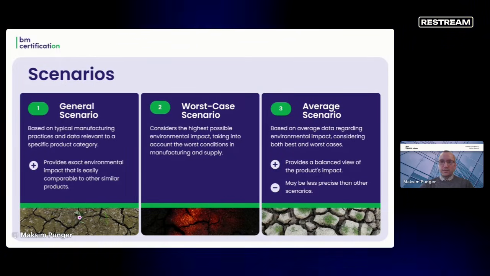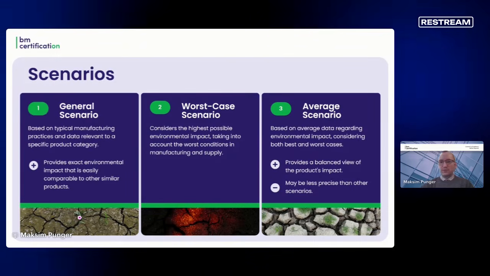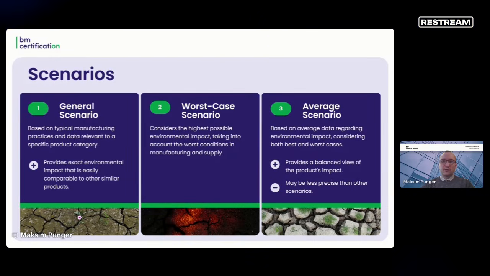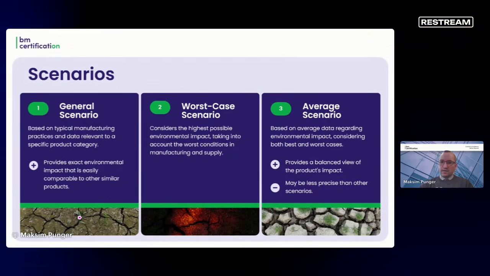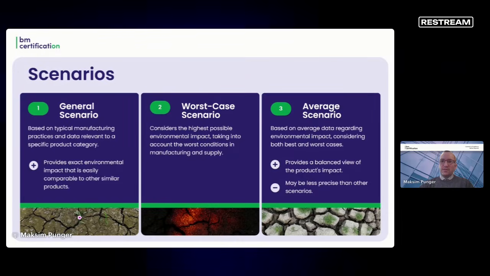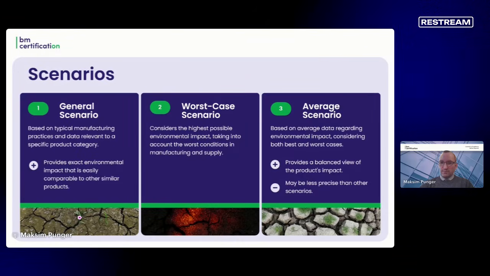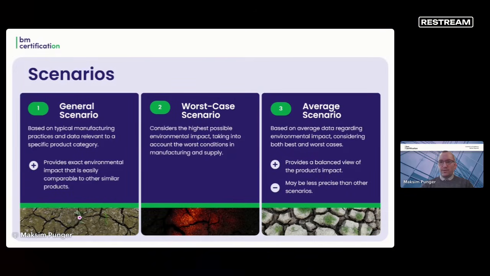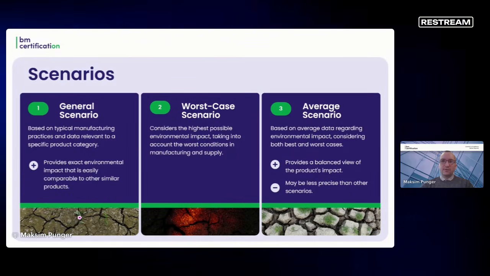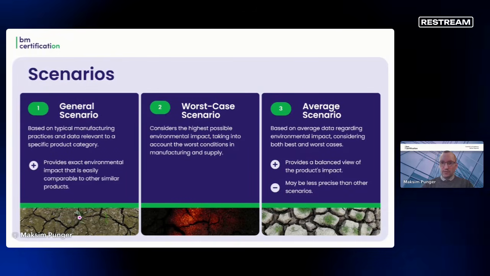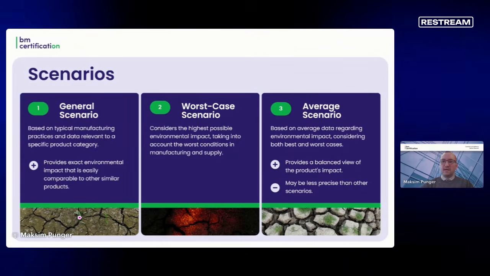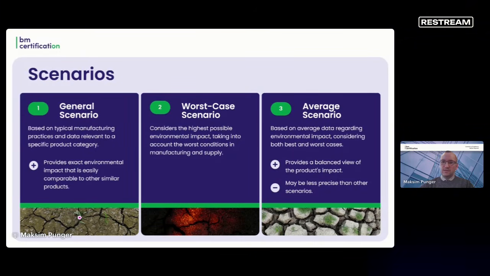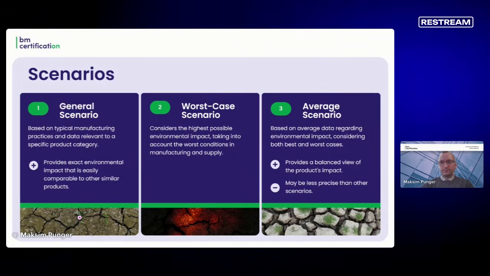Worst case scenario takes into account the worst conditions in the manufacture or in supply and other things. Average scenario is based on average data, considering both the best and the worst case. This one provides a balanced view, but may be less precise than other scenarios.